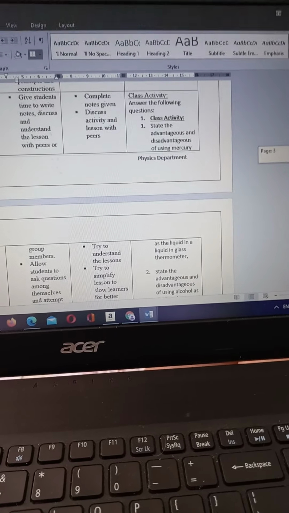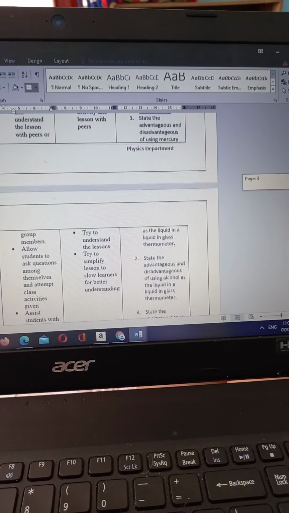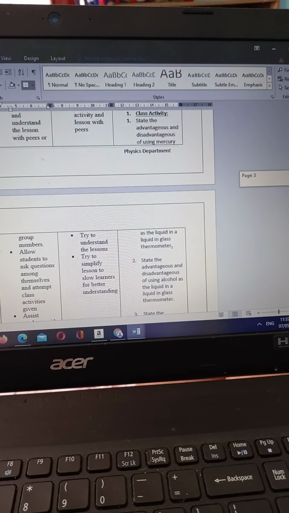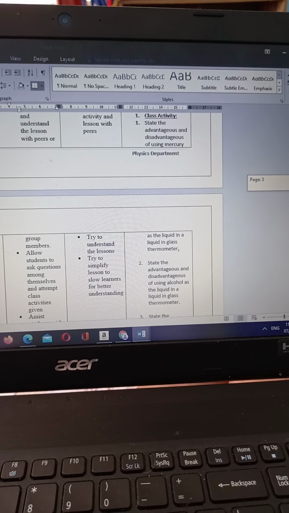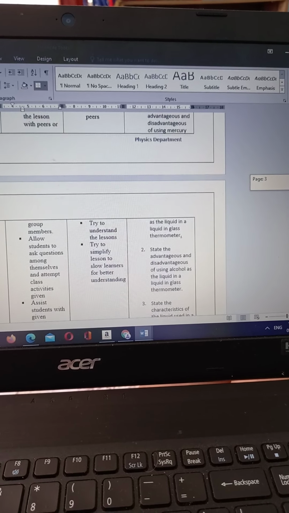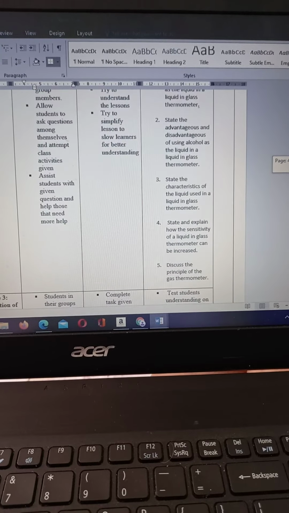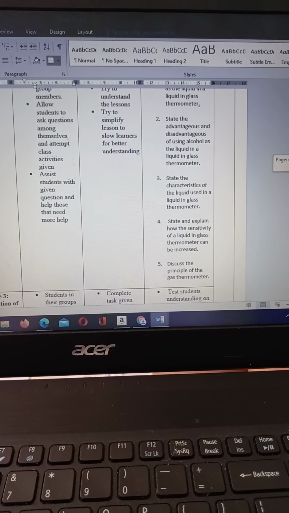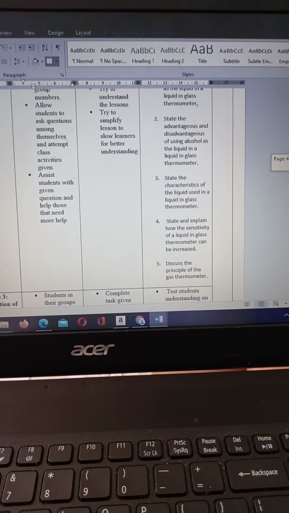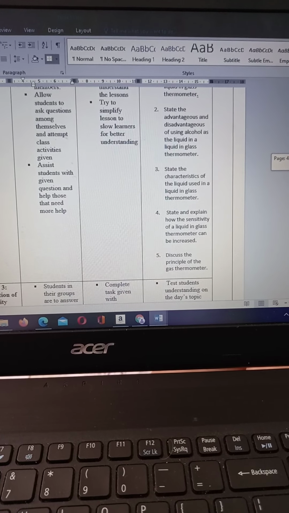So my content summary is the class activity. My class activities state: number 1, state the advantages and disadvantages of using mercury as the liquid in a gas thermometer. Number 2, state the advantages and disadvantages of using alcohol as the liquid in a gas thermometer.